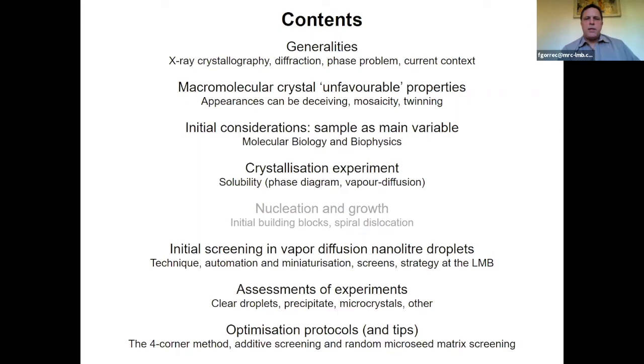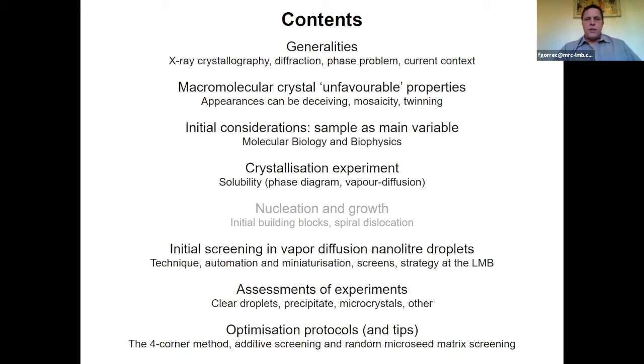Then we'll see the crystallization experiments, though not all aspects. One main aspect is solubility, and I will show the notion of phase diagram and also explain vapor diffusion experiments, which is the most widespread technique to crystallize protein.